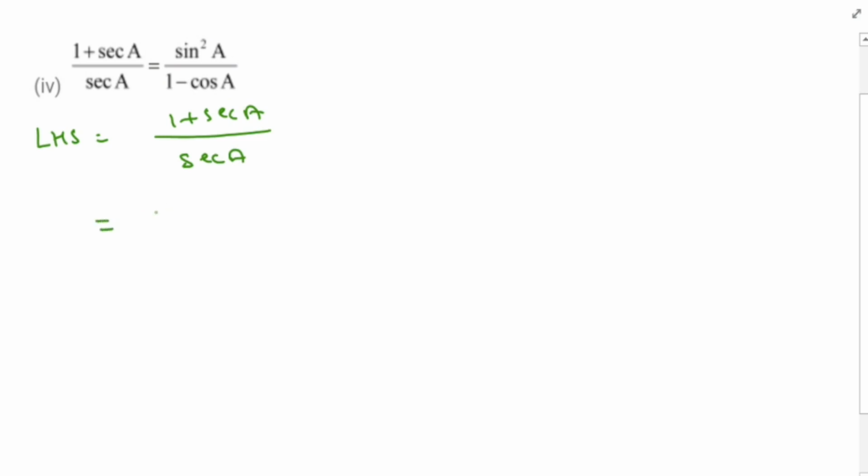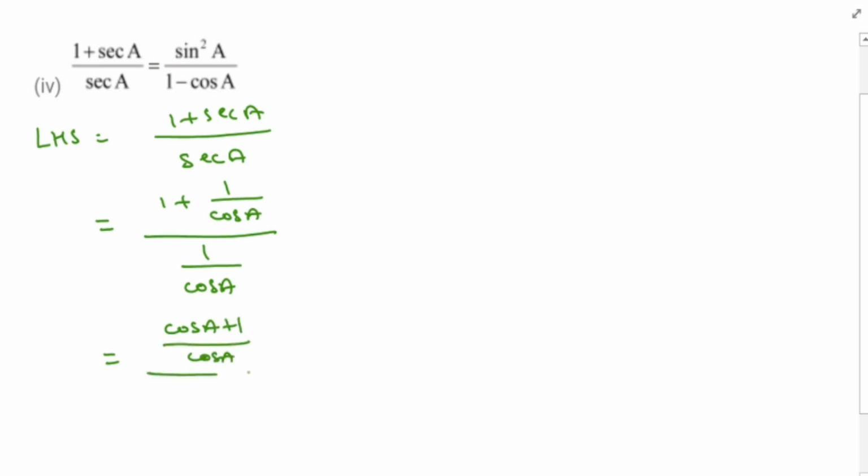So here 1 plus secant a is 1 divided by cos a, divided by 1 divided by cos a. So by observing the equation, we know that on the right hand side we have only sin and cos. LCM is cos a, therefore cos a plus 1 divided by cos a whole divided by 1 divided by cos a.